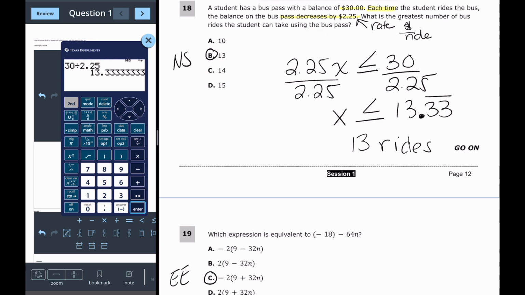And if you want to check that, you can just do 14 times 2.25 and see that would be $31.50. So I can't do 14 rides. I can do 13 rides though. 13 times 2.25, and I had $29.25. So I have enough for that.